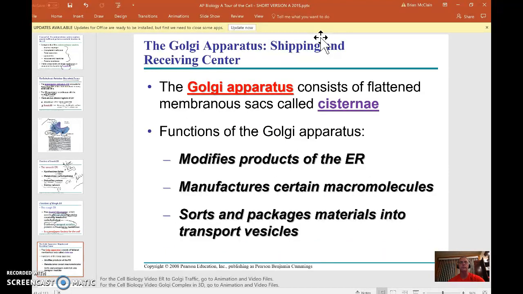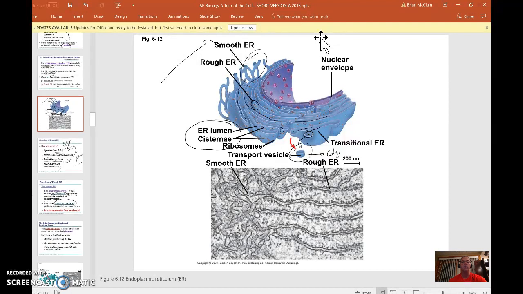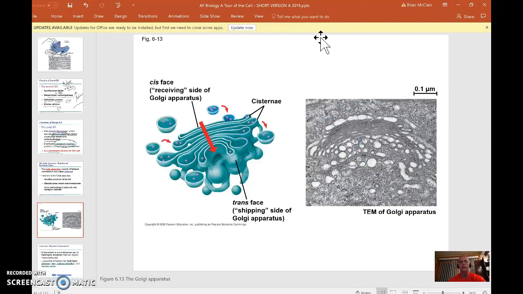So if we go back to this picture right here, we saw that this transport vesicle was being sent, and while it's been modified and changed a little bit, it is not necessarily ready for its final destination. That brings us to the role of the Golgi apparatus. If you look at the picture of the Golgi, you're going to find, once again, it has these internal areas bound by membranes. They create these little cisternae.